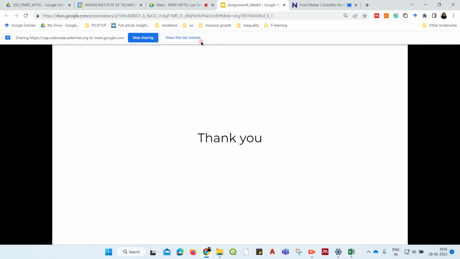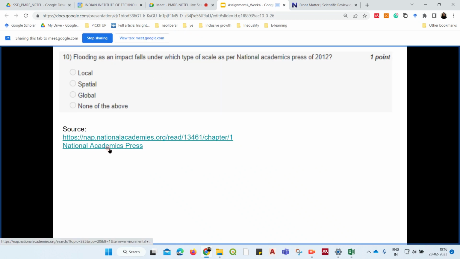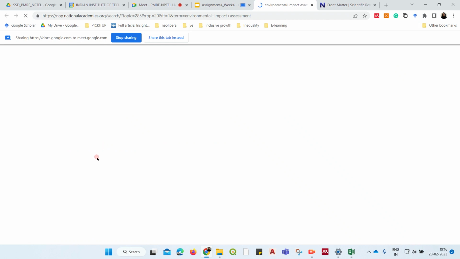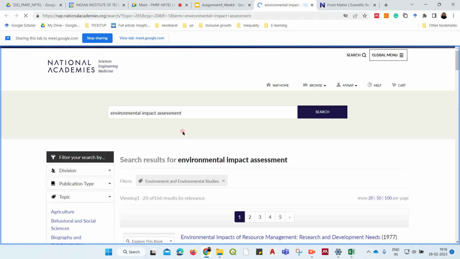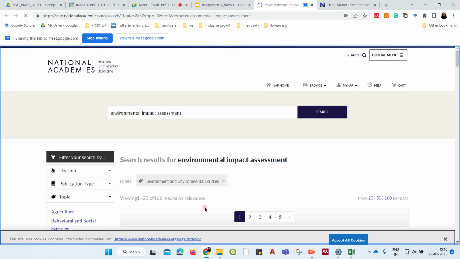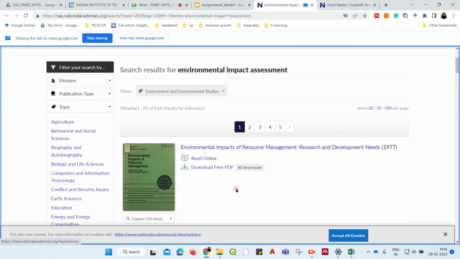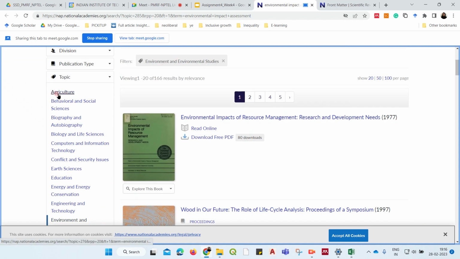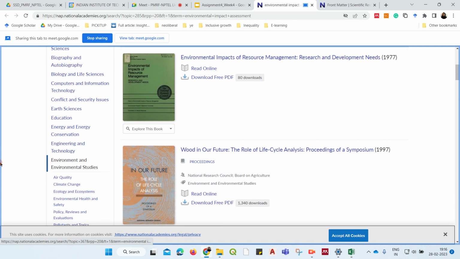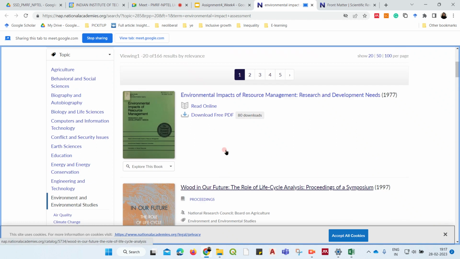Another link which I have shared is for the National Academies Press's website. Because I could not find the specific report which they are asking for, I just linked for you their repository of all the reports that they produce. They have different sections: agriculture, behavioral and social sciences, biographies, and so on, in which I think the one most relevant to us is environment and environmental studies, because it is in the context of environmental impact assessment.